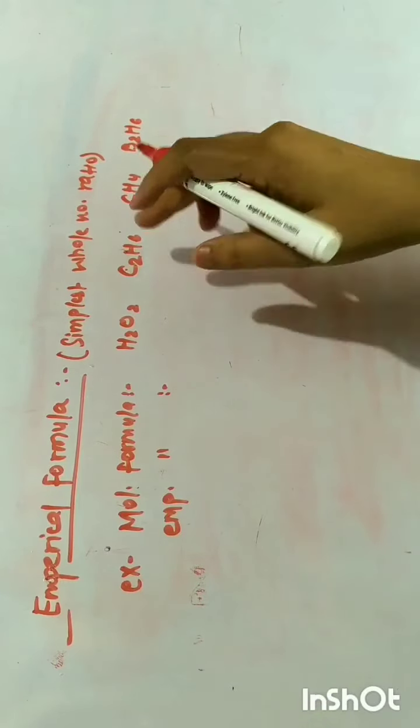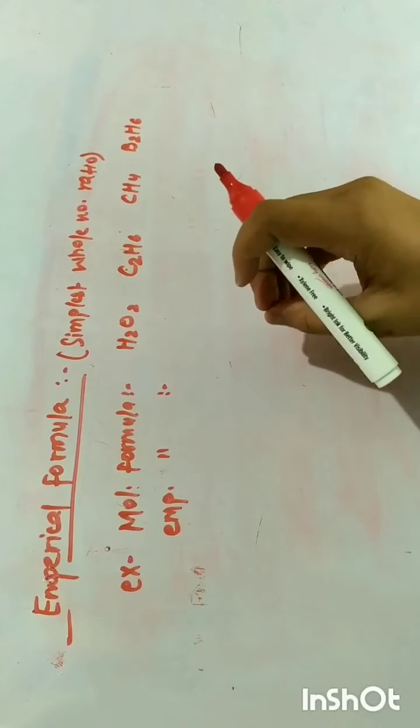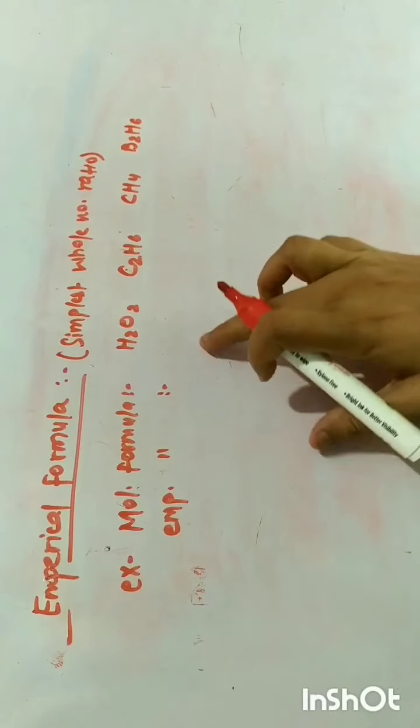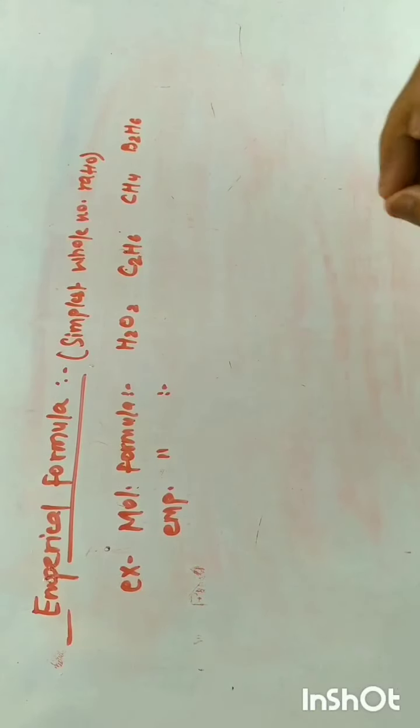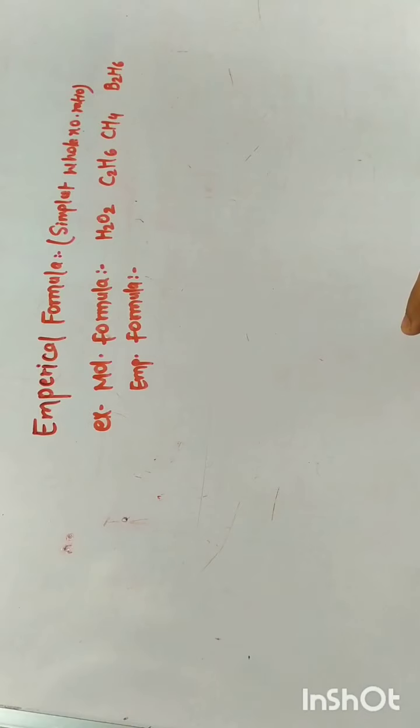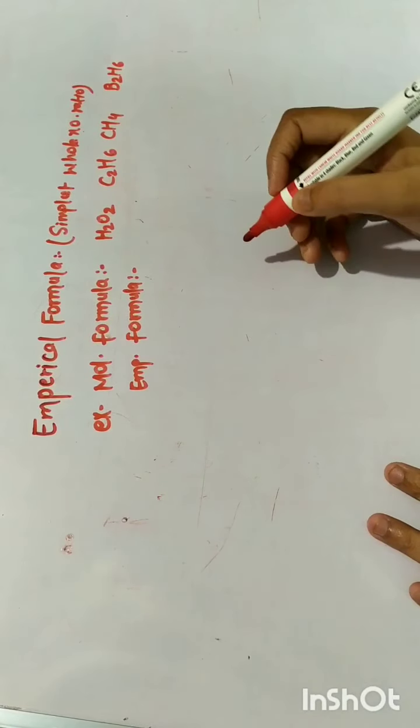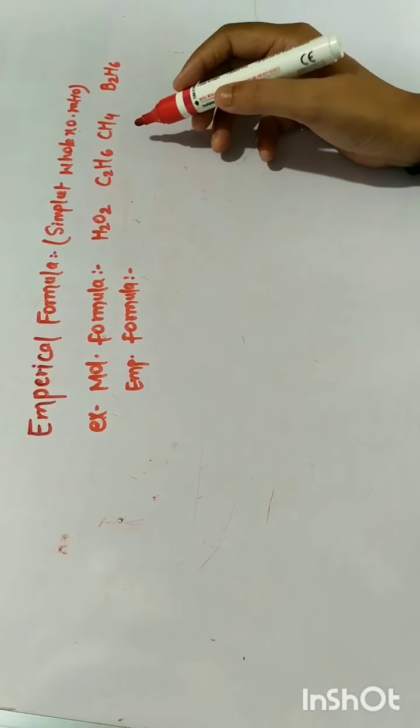In the simplest whole number ratio, all the elements should be there, and it should also be the simplest whole number.